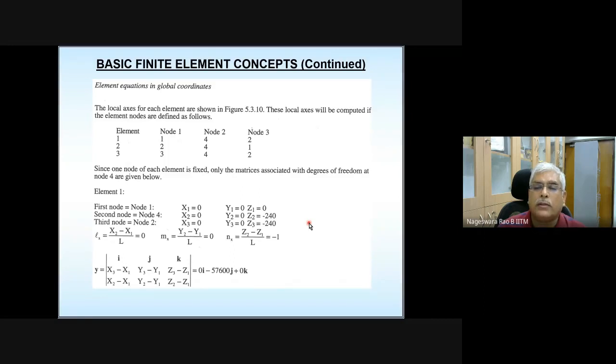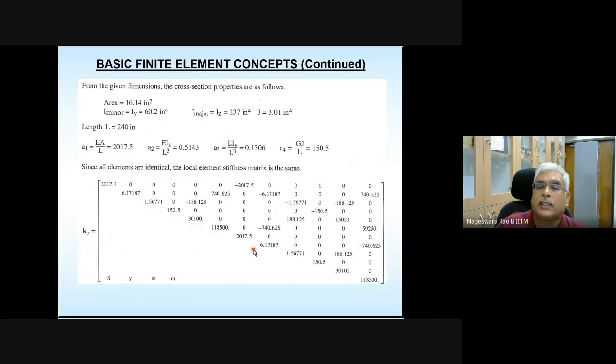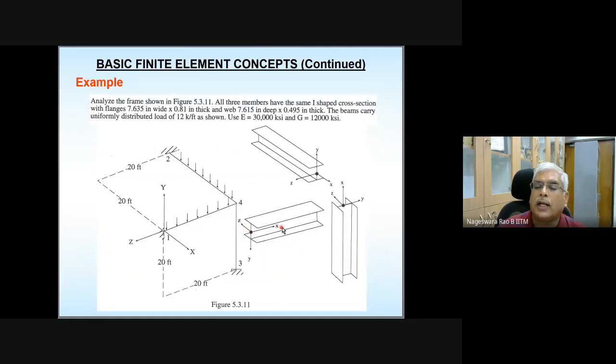Now, if I want Lx, Mx, Nx, that is nothing but the unit vector along the local x-axis. How do I get the unit vector along the local x-axis? I know the coordinates of node 1. I know the coordinates of node 2, which is node 4.